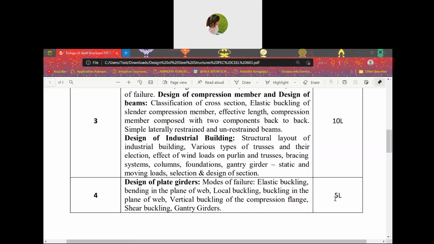In this unit 4, the lectures allotted are 5. We'll also study how gantry girders are designed.